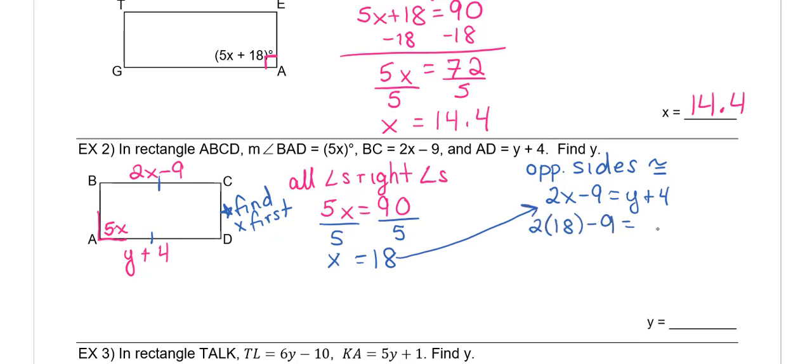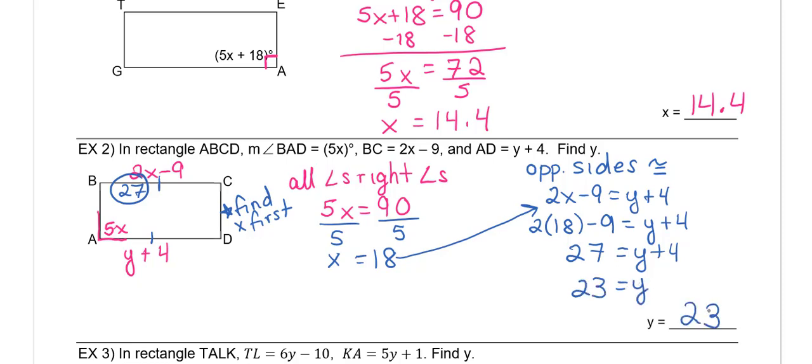Now I actually know how big that side length is. I know that 2 times 18 minus 9 would get me to 27. So I know this top segment is 27. I know that bottom segment also has to be 27. So if I subtract 4 from both sides, we get y to equal 23.